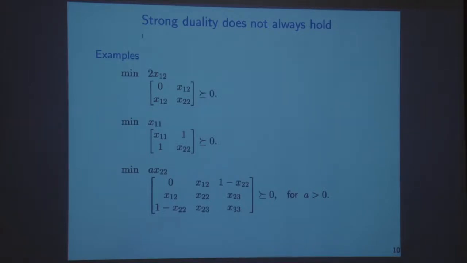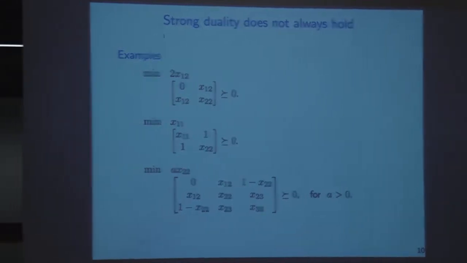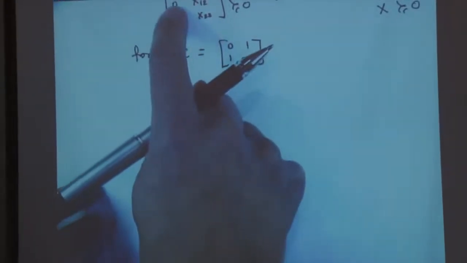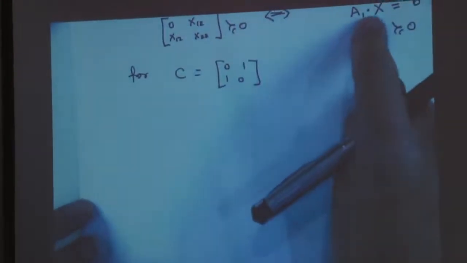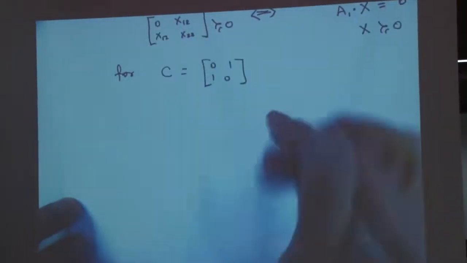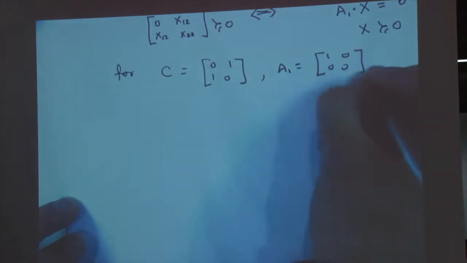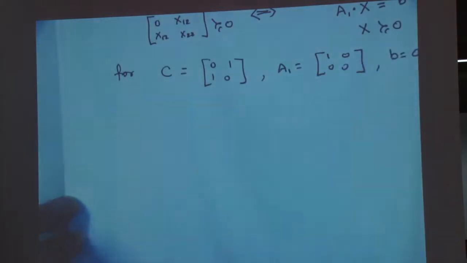I need to get the sum of the off-diagonal elements in the objective, so C should be [0, 1; 1, 0]. And then the constraint is that the first entry should be 0. So A1 is the matrix [1, 0; 0, 0], and B is the vector with just one element, 0.